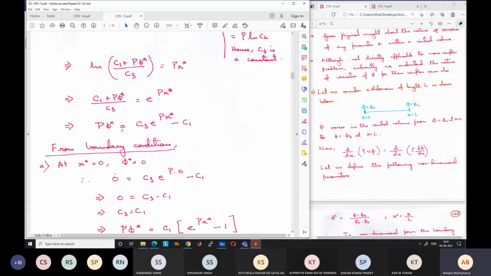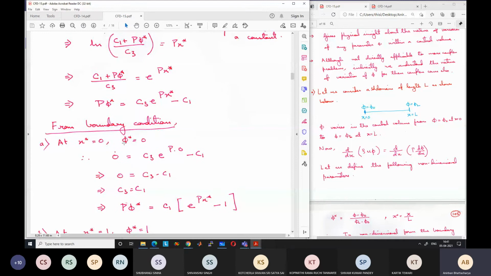So the first boundary condition is: at x star equal to 0, phi star equal to 0. So replace this value: p into 0 is equal to c3 into e to the power p into 0 minus c1. e to the power 0 is 1. So this becomes 0 is equal to c3 into 1 minus c1, or 0 is equal to c3 minus c1, or c3 equals c1.